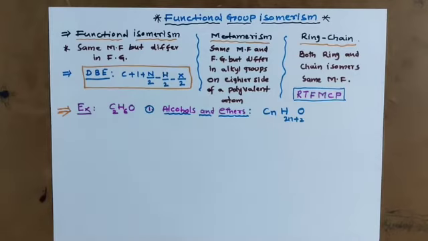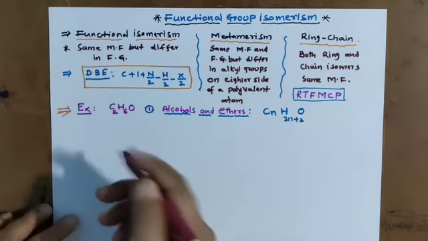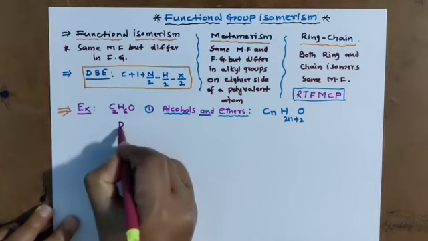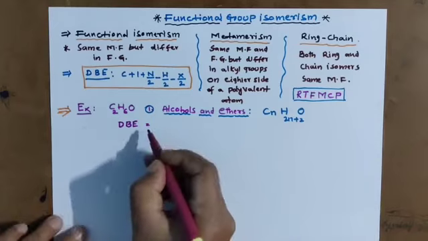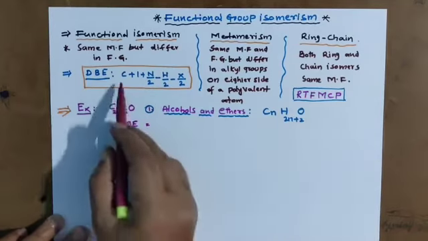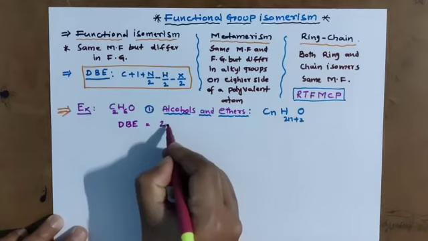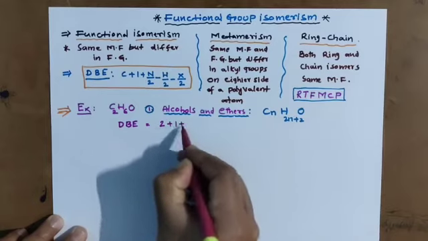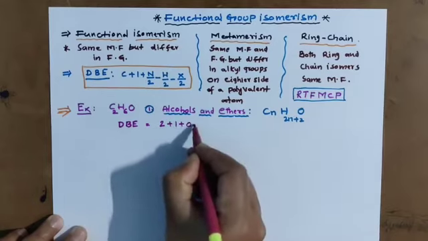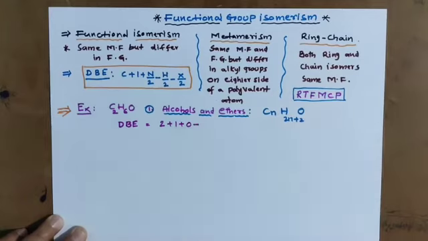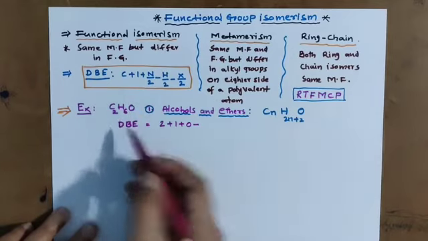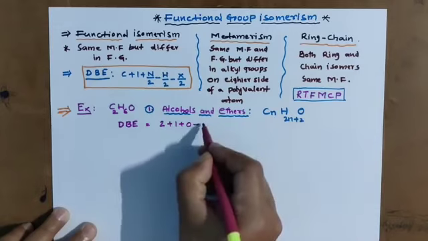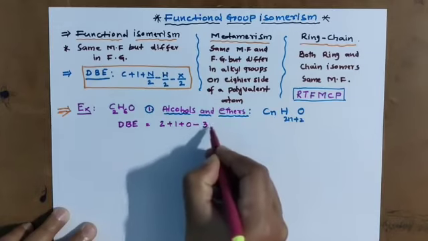Before going into functional group isomerism, we have to calculate DBE, the double bond equivalent. DBE is the number of carbon atoms, which is 2, plus 1, plus N by 2. Nitrogen is not there, so 0. Minus H by 2: hydrogens here are 6, so 6 by 2 is 3.